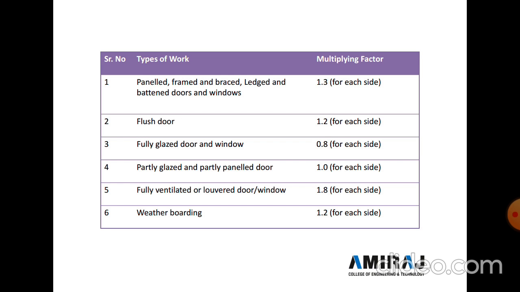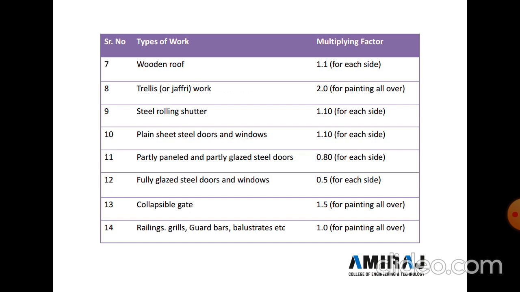And fully venetianed door and window, multiplying factor is 1.8 for one side. And weatherboarding, multiplying factor we take as 1.2 for each side. Next is a wooden roof, multiplying factor is 1.1 for each side.